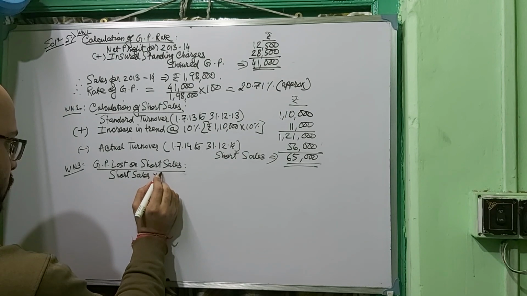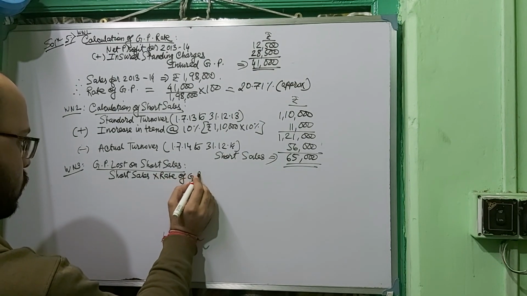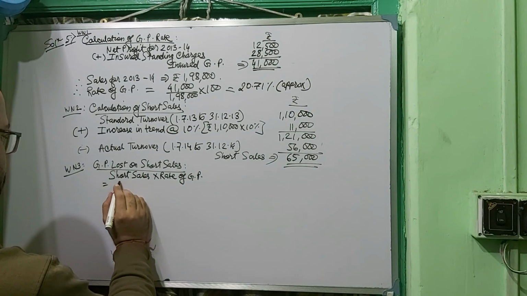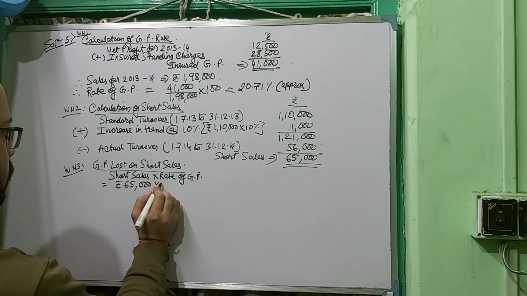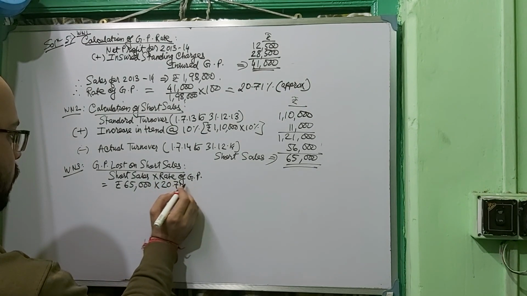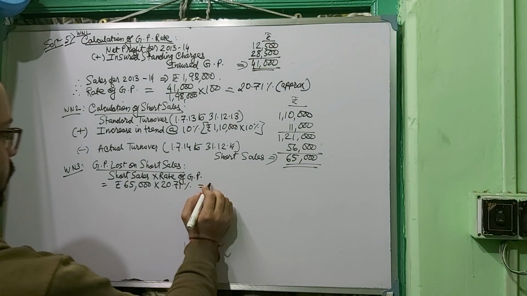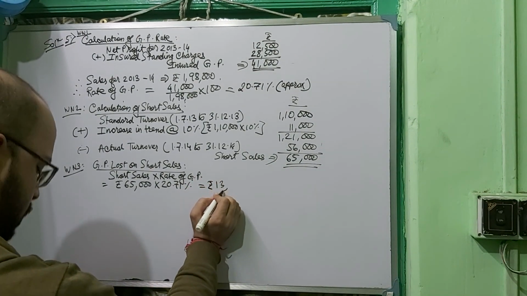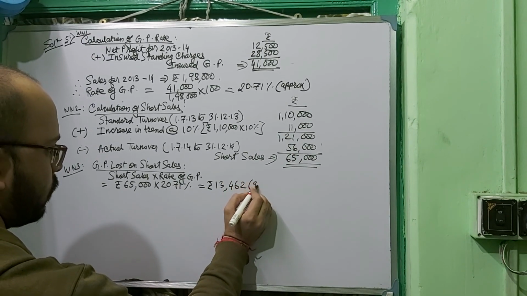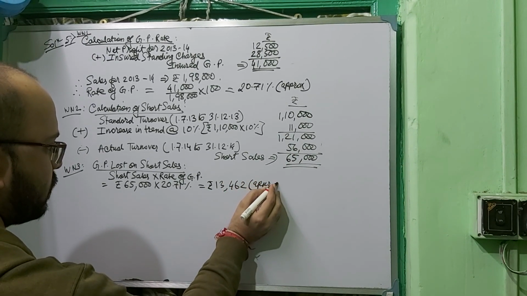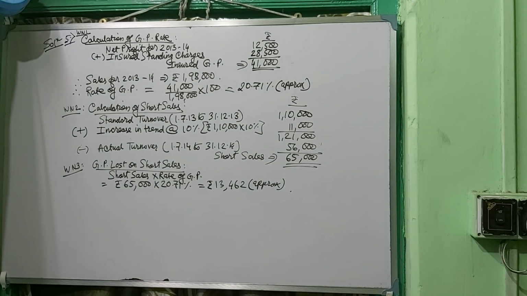Here short sales is rupees 65,000 and rate of GP is 20.71%. So the amount is coming to 13,462. This is approximate.